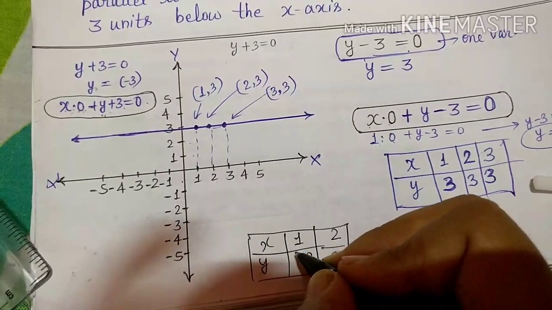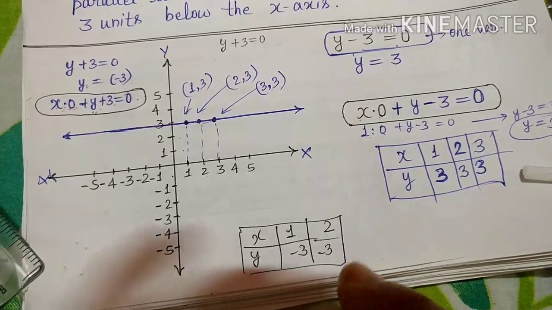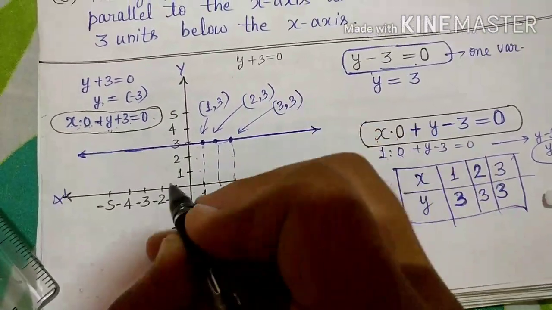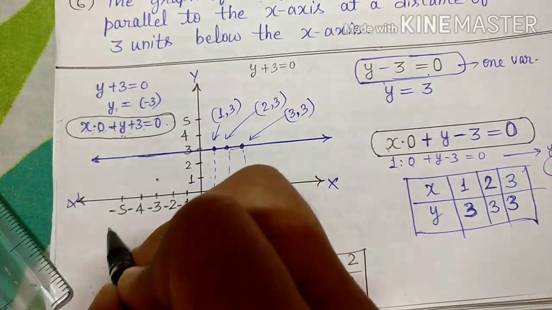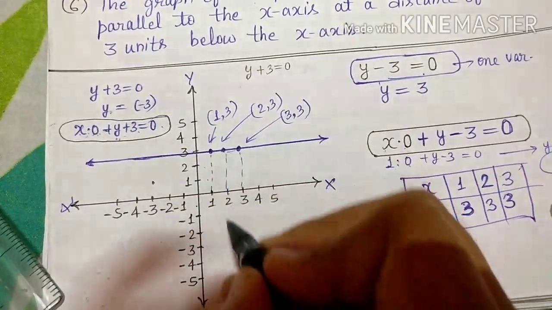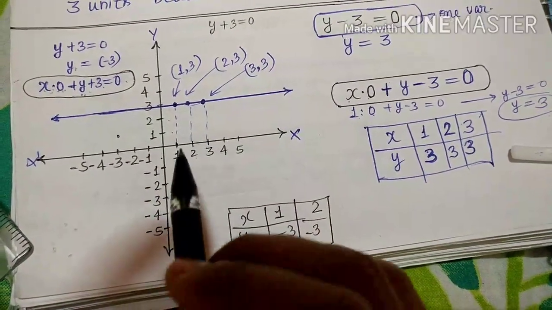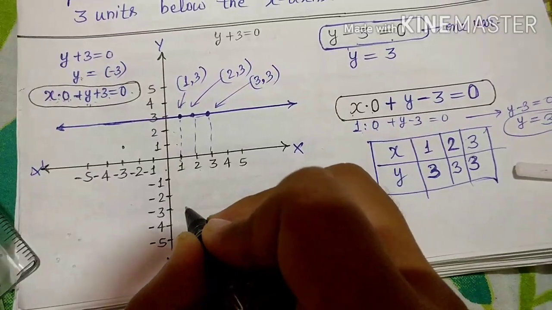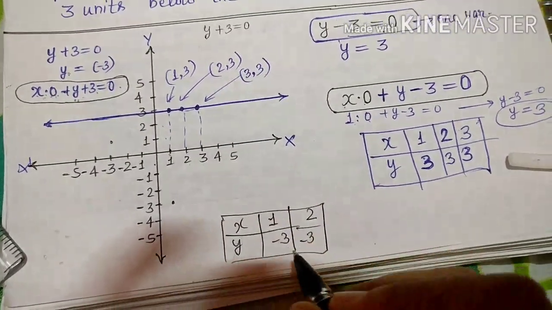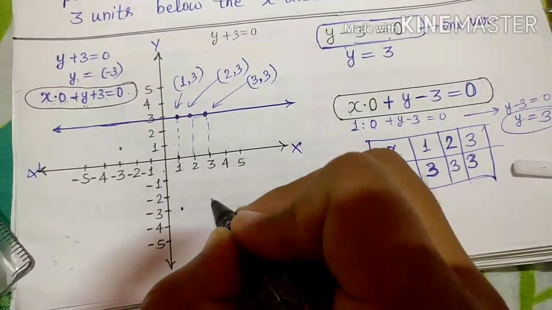So either we can put 1, 2, 3, 4, or 5. The y value will remain the same, minus 3. So minus 3 when we have put 1. Okay, we are plotting about the x-axis. The value of x is 1, and what is the value of y?